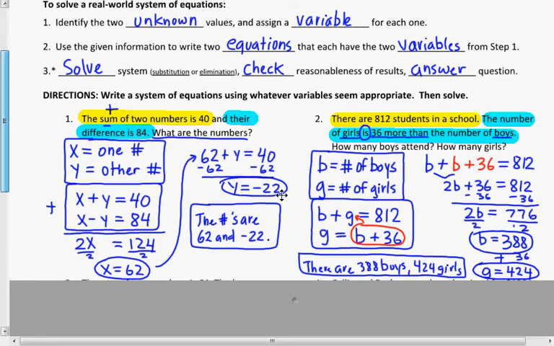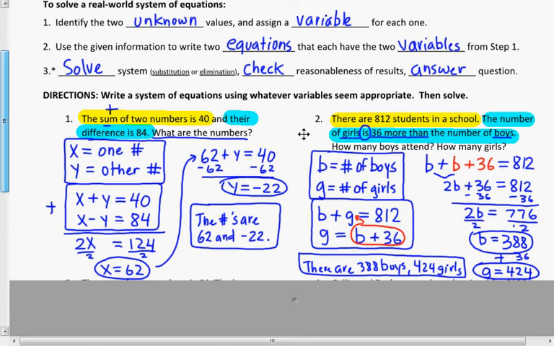And so those two numbers, if I check them, if you add 62 plus negative 22, you get 40. And if you subtract 62 minus a negative 22, it's addition there, that adds up to 84. And so I think those are reasonable. So my answer is the numbers are 62 and negative 22.